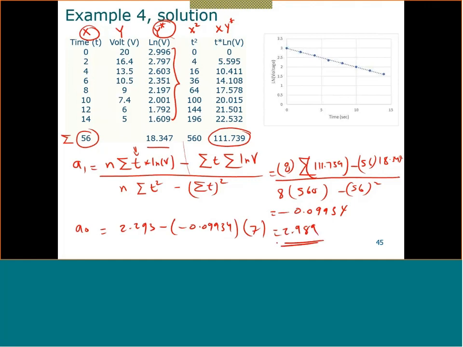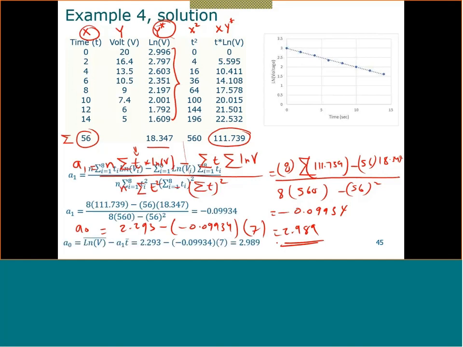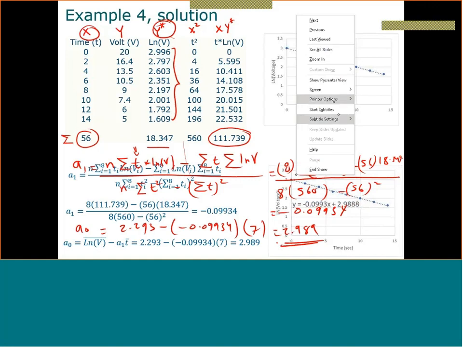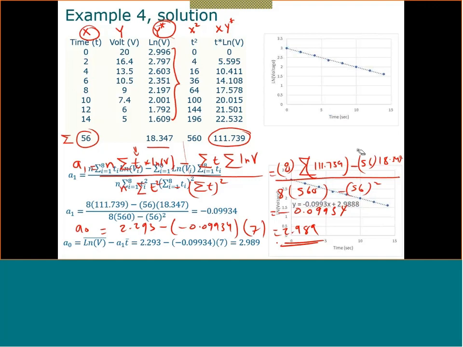Now let me make it clearer for you. This is the line that I fit, the linear function. I used Excel here just to confirm that my answer is correct.